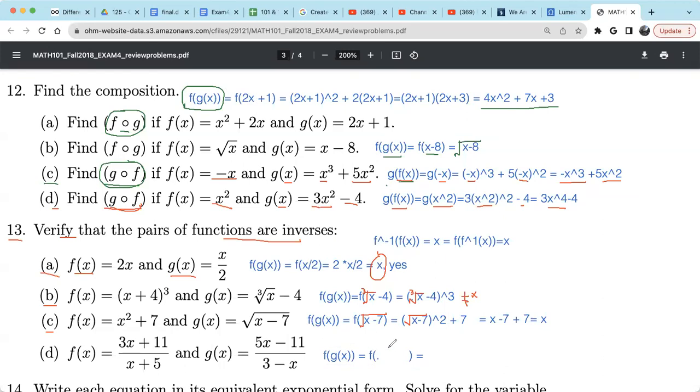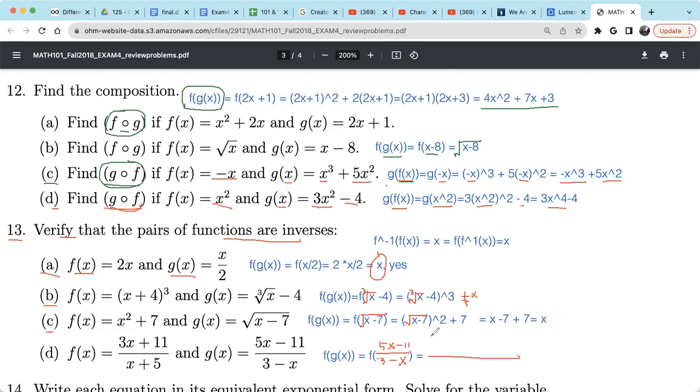So F takes the G as input. G is (5x minus 11) divided by (3 minus x). Right. Now, what does F do to the input? It's a little bit troublesome.